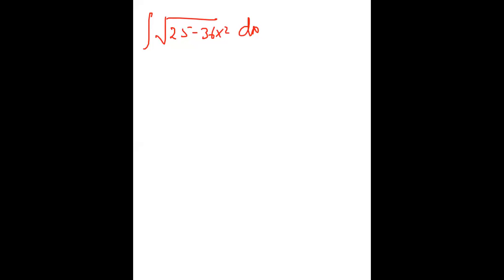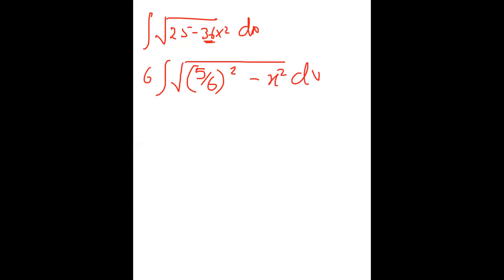I could take 36 common. When I take 36 common, it will become 6 integral under root 5 by 6 whole square minus x square dx. Hope we are able to see it is integral under root a square minus x square dx.